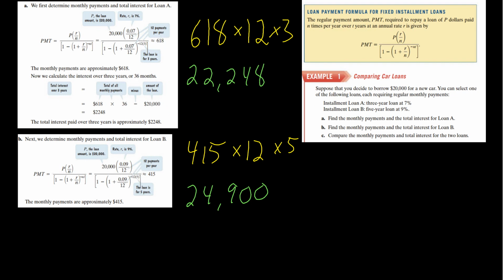Well, the plus side to the $618 a month is, first of all, I pay off my loan 2 years quicker, which frees up 2 extra years compared to the $415 plan. Also, in the end, notice my interest. It was a $20,000 loan, but I'm paying $22,248, so I'm paying $2,248 in interest, whereas down here I'm paying $4,900 in interest.